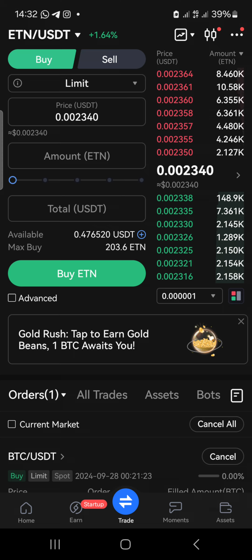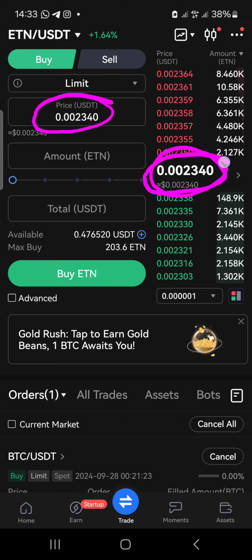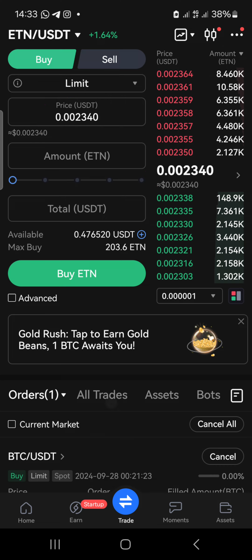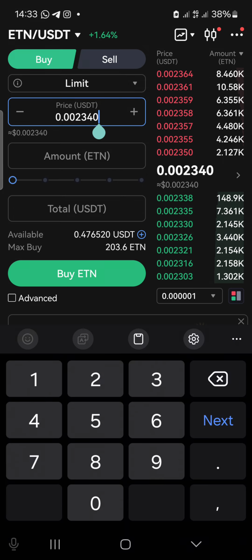When you click on it, the price you want to buy ETN at is going to be here. Of course, you know, in a buy limit, your price should be below the current market price. So let's say we want to buy ETN at 0.001. This is where you have to input that price. Let's delete the old price there and put 0.001.